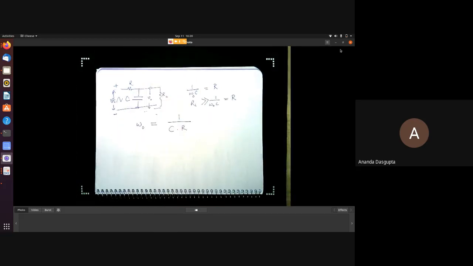So whatever your answer is, it should be such that when RL goes to infinity, remember, not 0, that means RL is not connected at all, then your answer should reduce to 1 by CR.